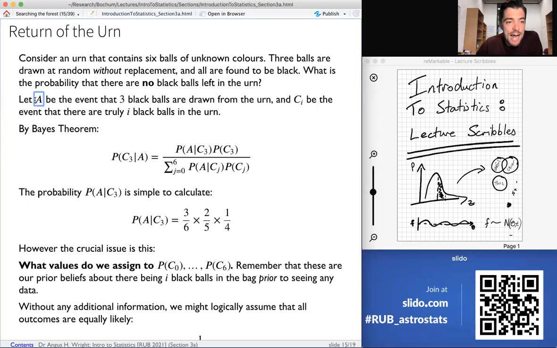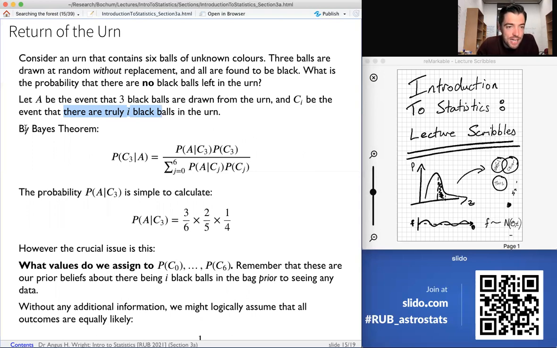So we can let A be the event that 3 black balls are drawn from the urn, and Ci be the event that there are actually i black balls within the urn. There is a finite number of balls in the urn, 6, and so the possible outcomes are C0 through to C6. C0 is the circumstance that there is no black ball in the urn, and C6 is the outcome that there are 6 black balls in the urn.